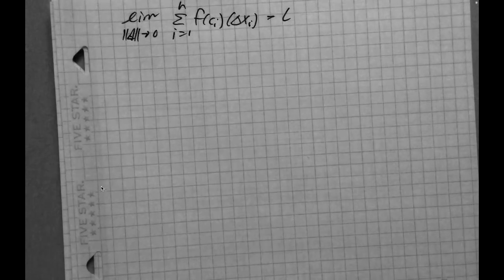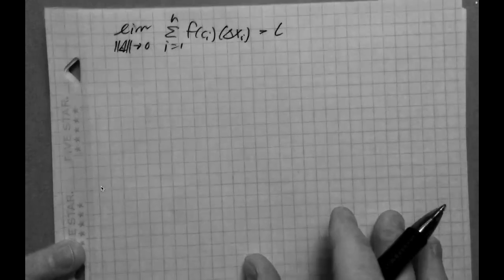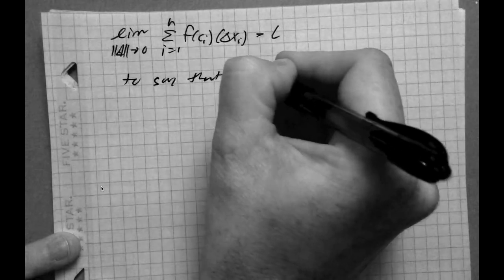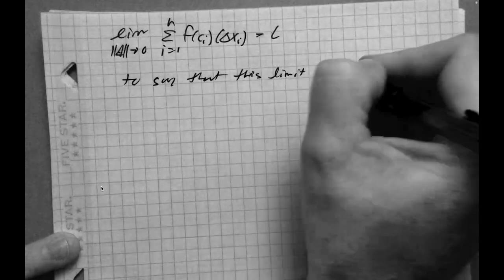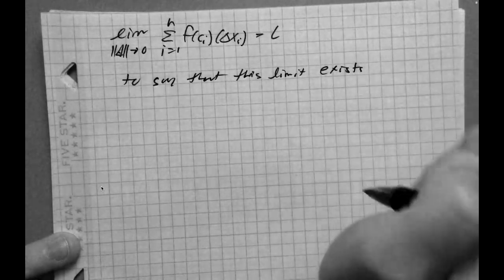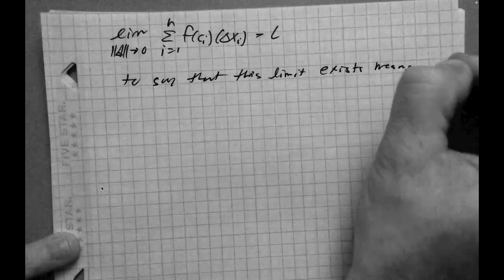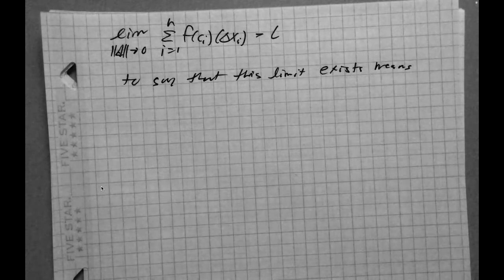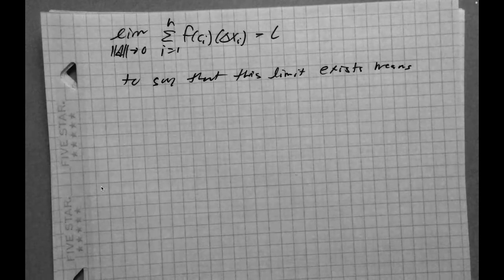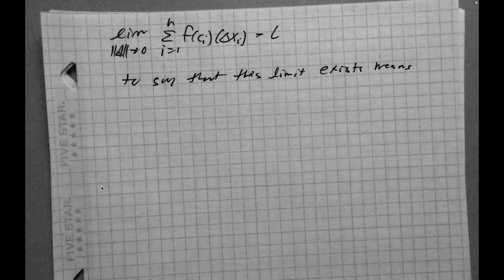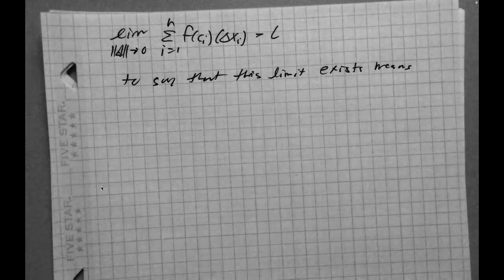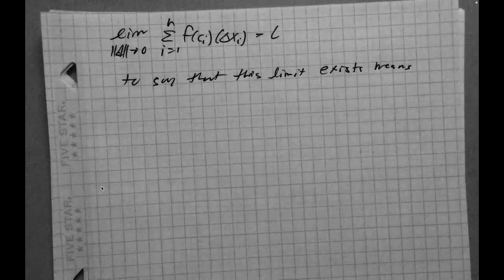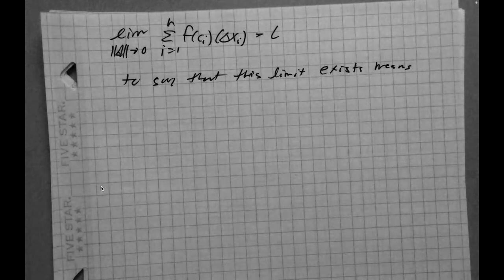To say that this limit exists means, well, we've seen limit definitions and limit theorems in the past, though we probably haven't got as much experience with them as we could have, but this is just basic calculus. Once you get into analysis, you'll be messing with this every day.